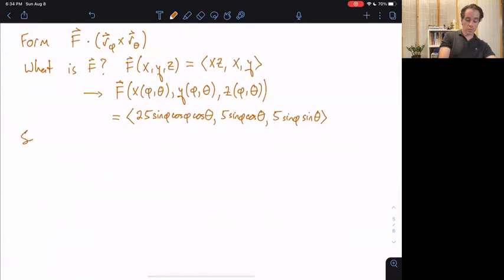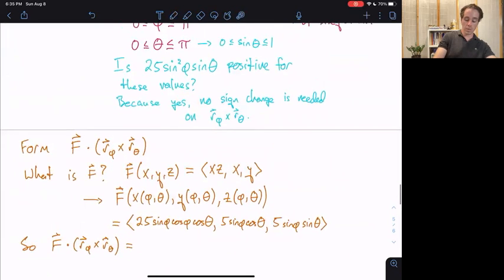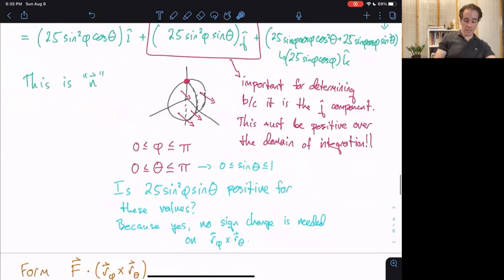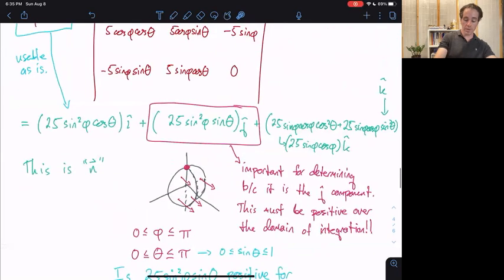All right, so F dot r_phi cross r_theta is, now we're going to be taking this thing right here and forming its dot product with this whole expression up here. So let's see. I'm going to grab this so that I can reproduce it down below.